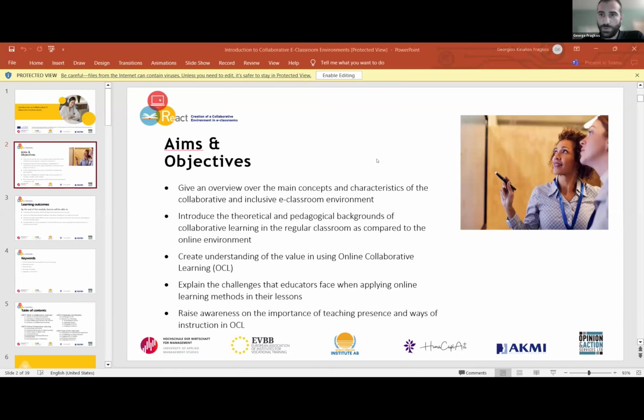This is work of my organization from a previous project about collaborative learning. Specifically this, because I think it is the biggest challenge, in order to understand better the digital aspect of a classroom, of an inclusive and collaborative classroom and learning.